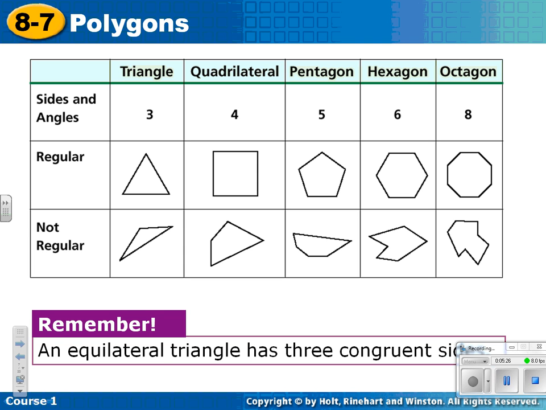Yes, they are. This is an octagon. Any 8-sided closed figure is an octagon. Now, you are just used to seeing octagons drawn as regular octagons. As long as it's got 8 sides, it's an octagon. Just like this is a pentagon. It's got 5 sides. It's closed. It's a pentagon.